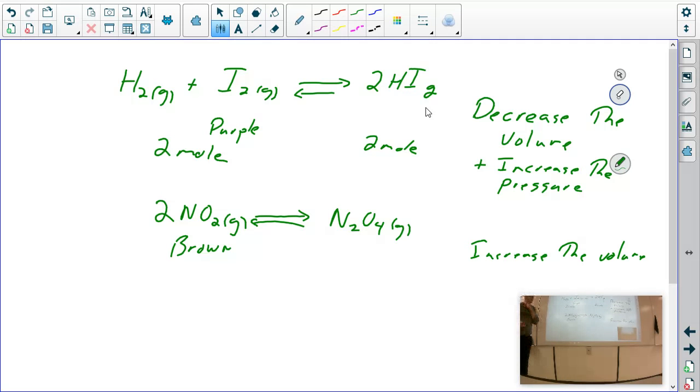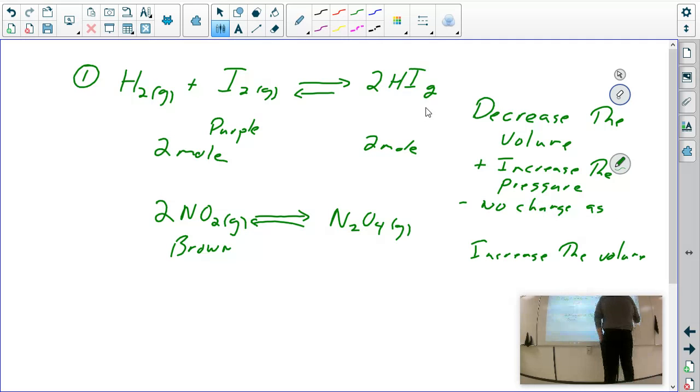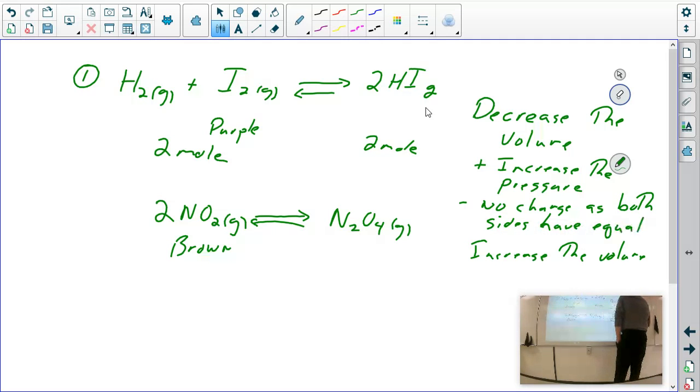So for this one, in equation 1, we would have no change. They both have equal moles of gas. We're not going to have a change.